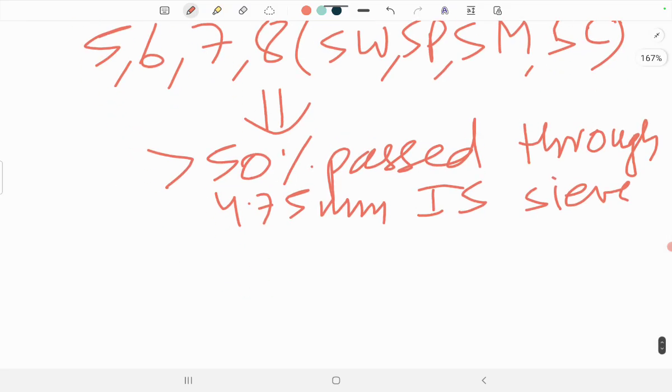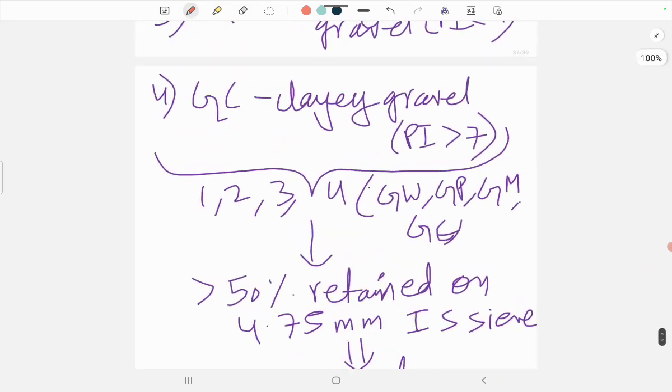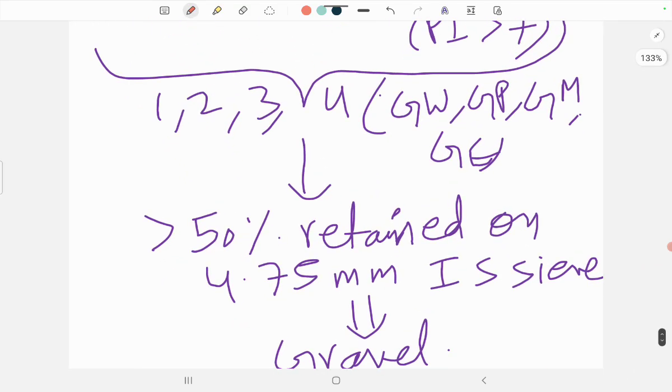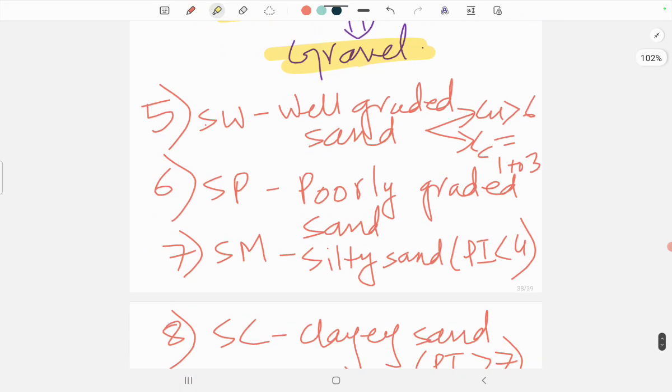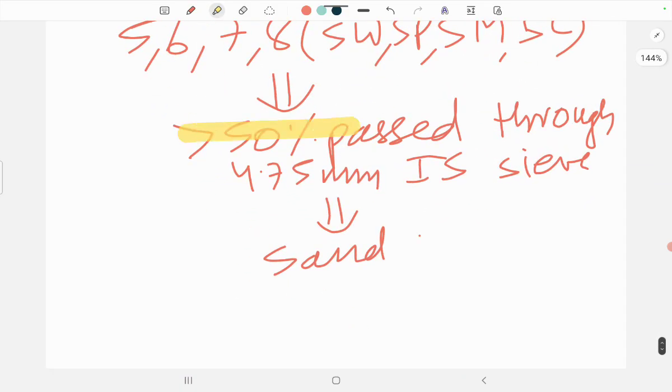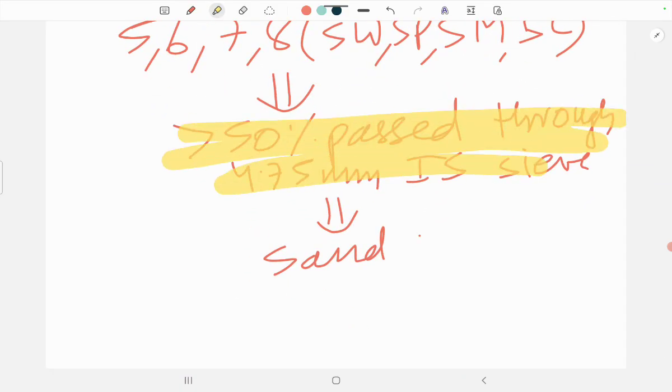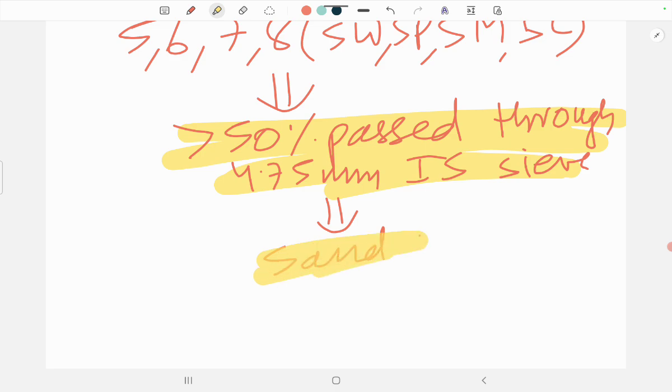In this case, this is known as sand. In the above case, greater than 50% should have been retained. So here is the difference. Greater than 50% retained on the 4.75 mm sieve is gravel, and when greater than 50% is passing through the 4.75 mm IS sieve, it is sand.